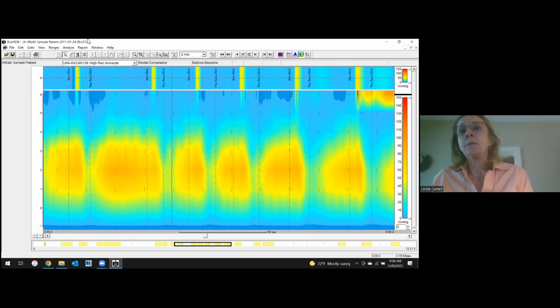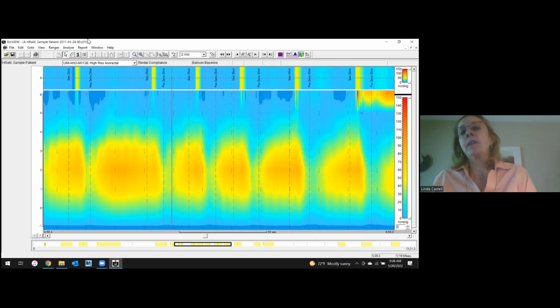A lot of times we'll do the manometry before the defecography, but usually they've had something done to rule out inflammatory bowel disease or any kind of obstruction. Same thing with esophageal manometry: usually they've had an endoscopy first.